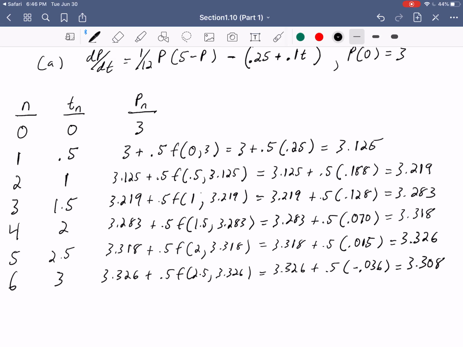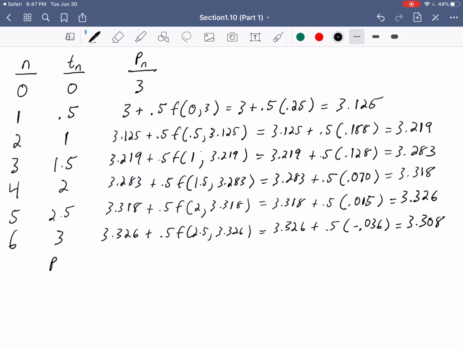So what we would say is P of 3 should be approximately 3.308. So after 3 years, approximately 3,308 fish in the lake.